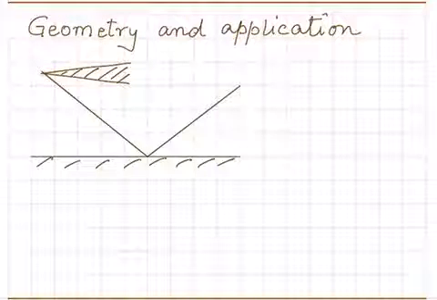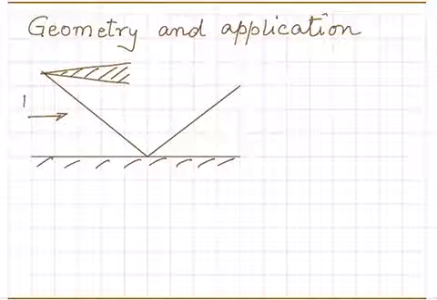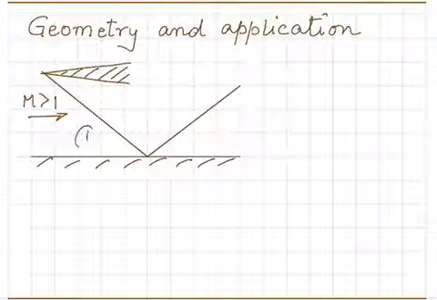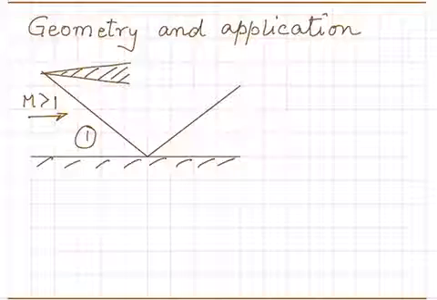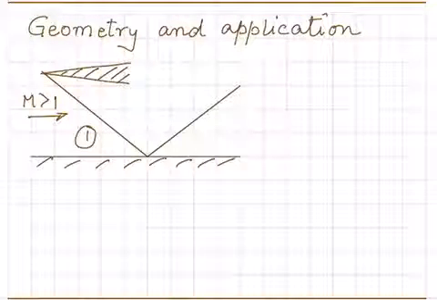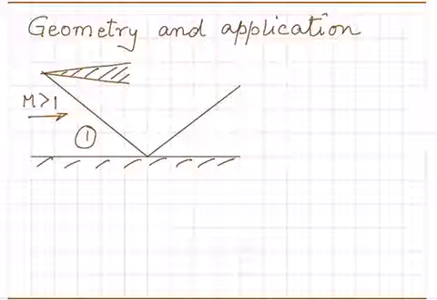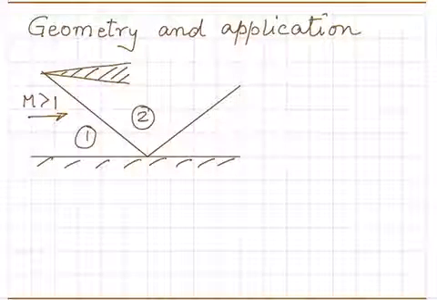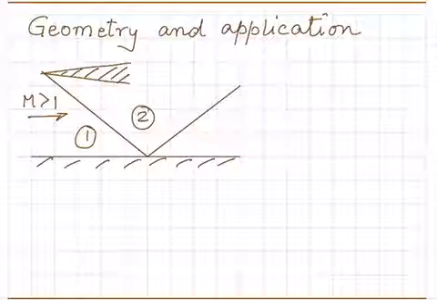So we have supersonic, hypersonic flow coming in. Conditions correspond to station 1. Across the shock we have station 2. Pressure rises, density rises, velocity decreases.